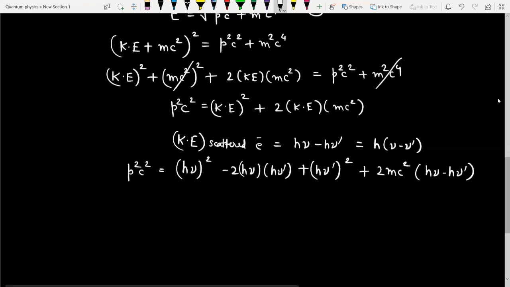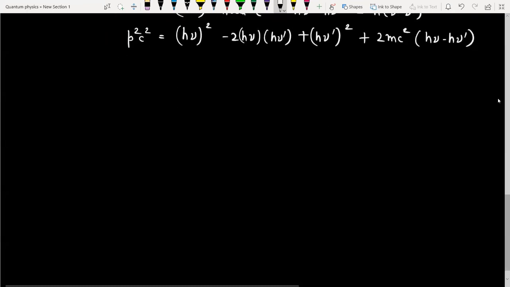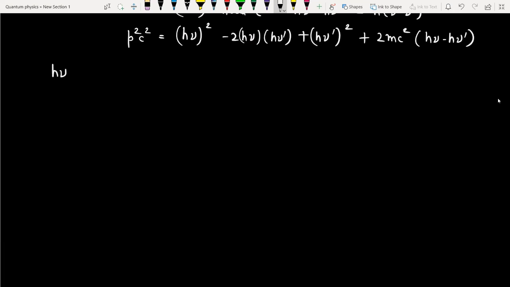What we get is h mu whole square minus 2 h mu h mu prime plus h mu prime whole square. I am just writing the value of p square c square from the equation number star.